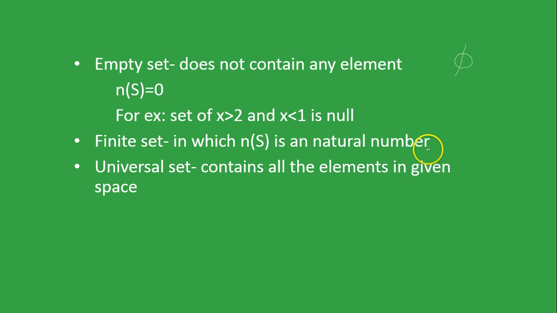For example, the set of the students which are present in your class is a finite number, and thus the set representing it is a finite set. The third set is that of the universal set, which contains all the elements in the given space.